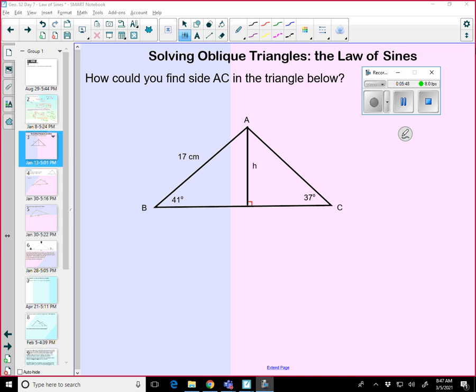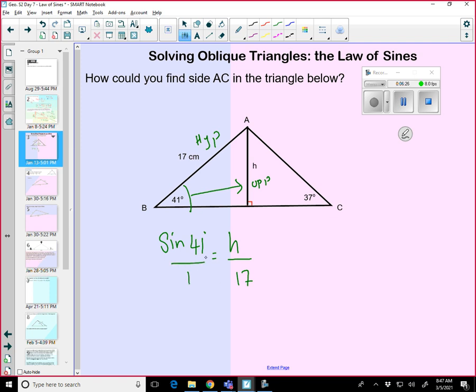Once again over here, with the reference angle as 41 degrees, this is going to be the opposite and this is going to be the hypotenuse. Whenever opposite and hypotenuse are involved, we can use the sine ratio. I can use sine of 41 degrees equals opposite, that is h, over hypotenuse, that is 70.